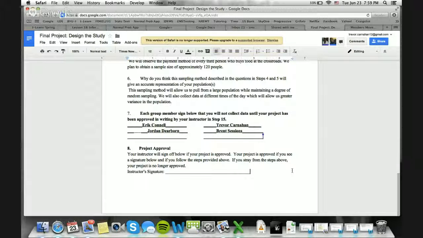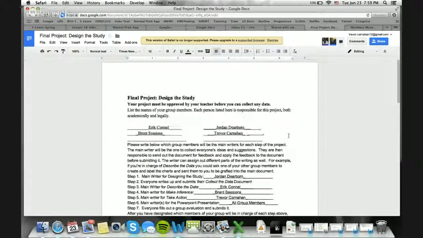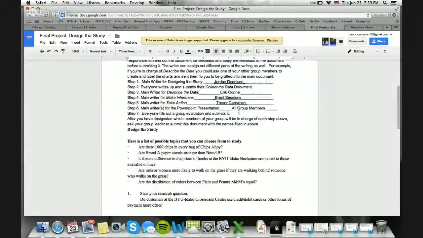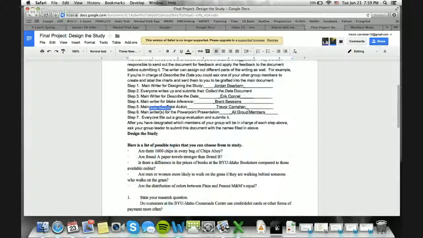Okay, where does it ask about take action? Up at the top? Not that 5. Oh, which 5? That 5. Well, maybe we just publish our study, or make the information available, or present the information to them.